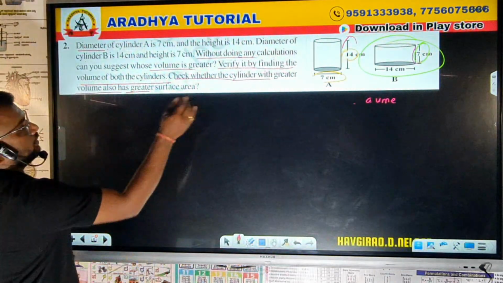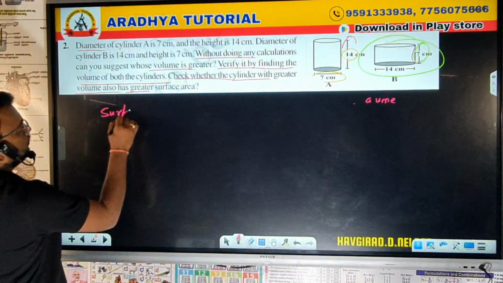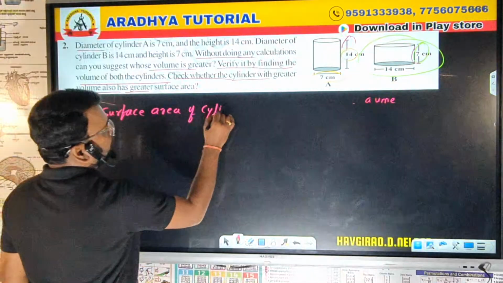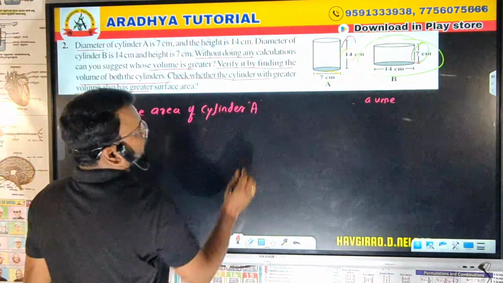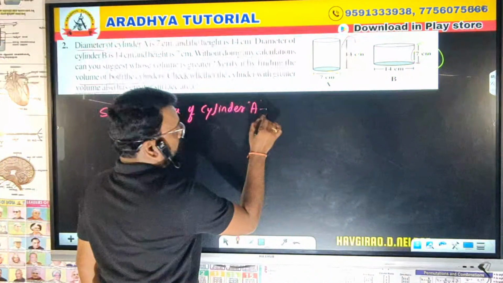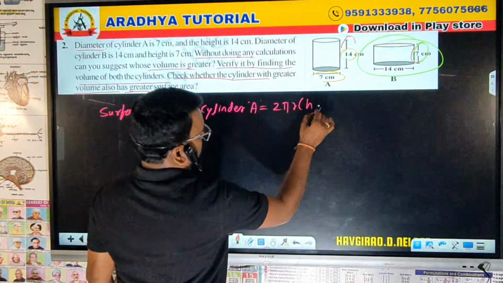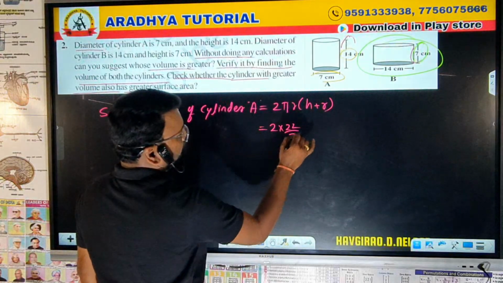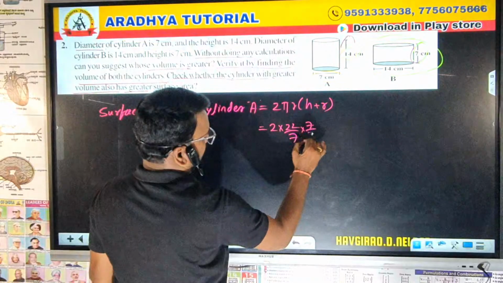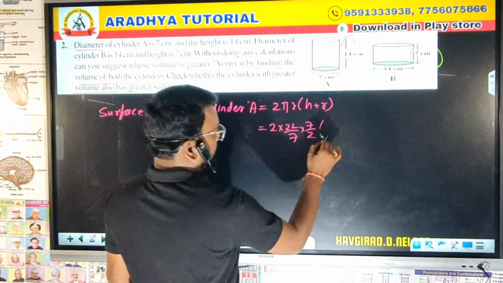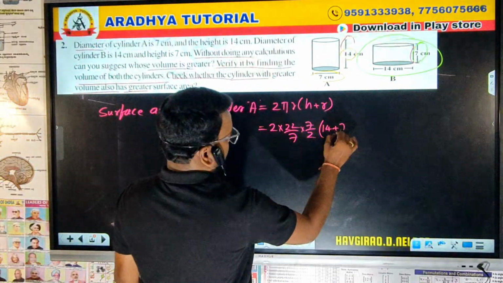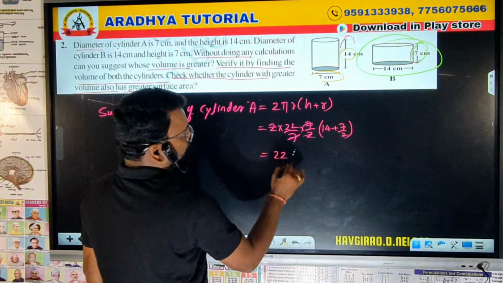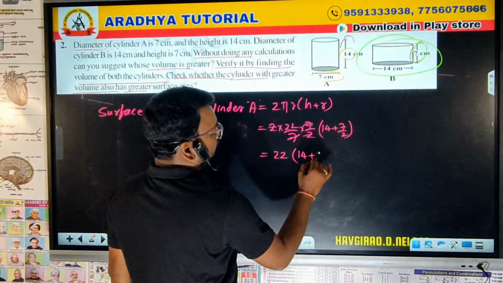Now again, surface area of cylinder A. Formula for surface area of cylinder A: 2 pi r into (h plus r). Already we know pi is 22 divided by 7. The r value is 7 divided by 2, otherwise 3.5, plus the h value is 14 plus 7 divided by 2. 7 gets cancelled, 2 gets cancelled here. 22 into (14 plus 3.5).